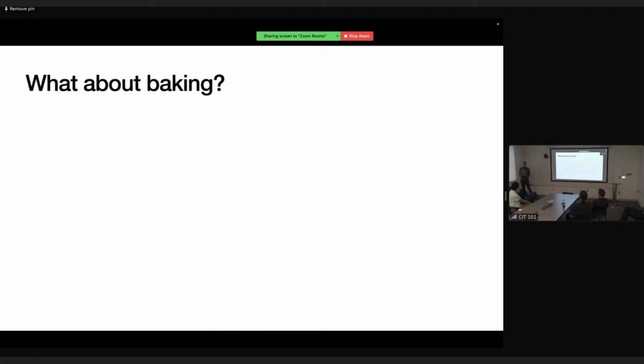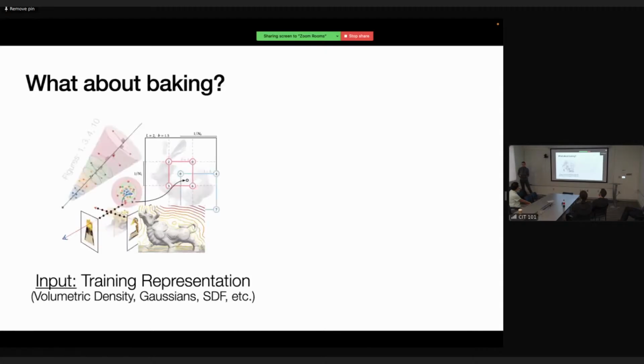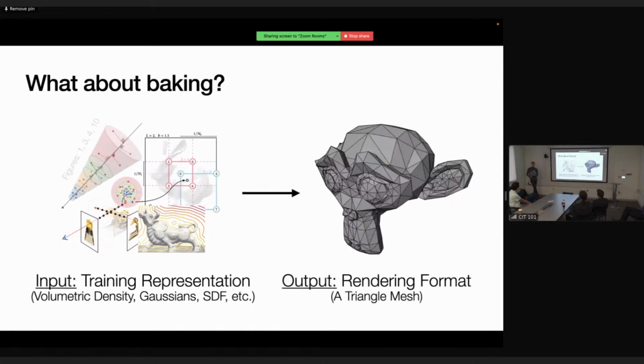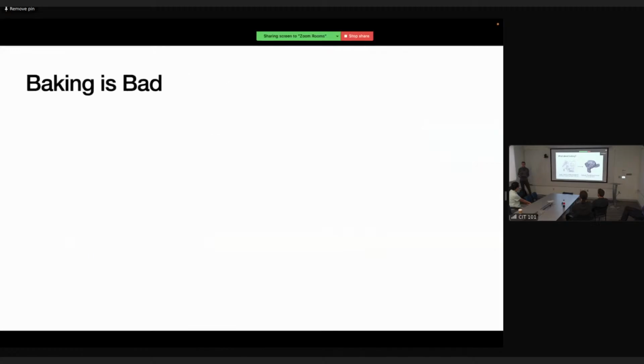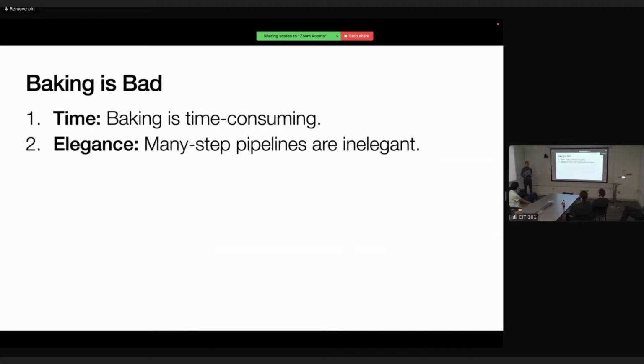Okay, and now finally, you may know that there is this whole line of work on baking to meshes. Baking in this case is you take your NeRF or your Gaussians, and then you extract a mesh and maybe optimize the mesh to get you the same scene. But I will claim that baking is bad because, one, it tends to be very time consuming, and two, it's not very elegant.